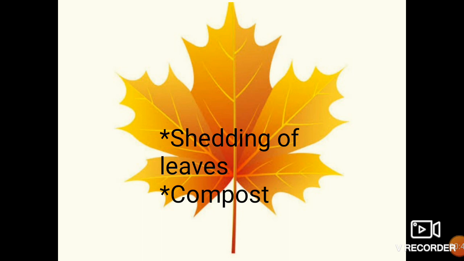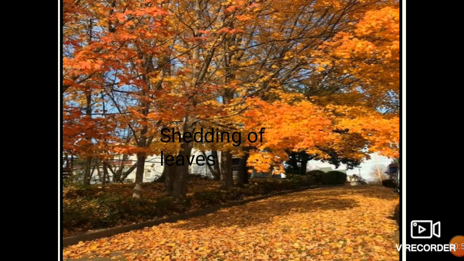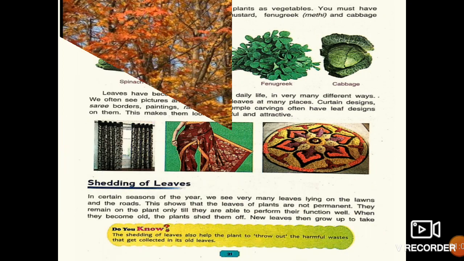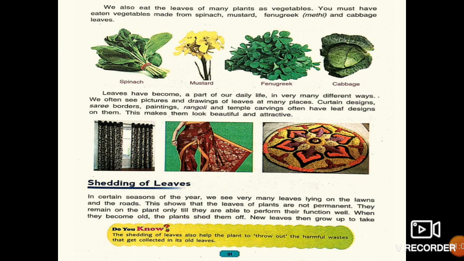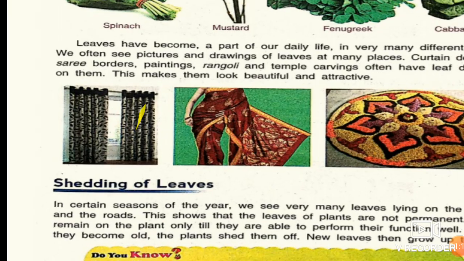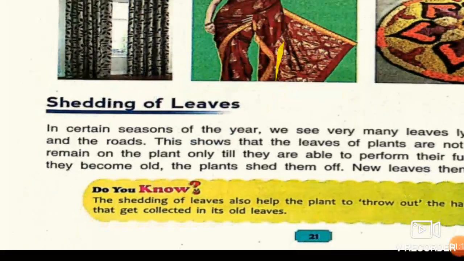The first topic is shedding of leaves. As you can see in this picture, children, the road is covered with leaves. This is the beautiful picture of shedding of leaves. And now your book, and the topic is shedding of leaves.